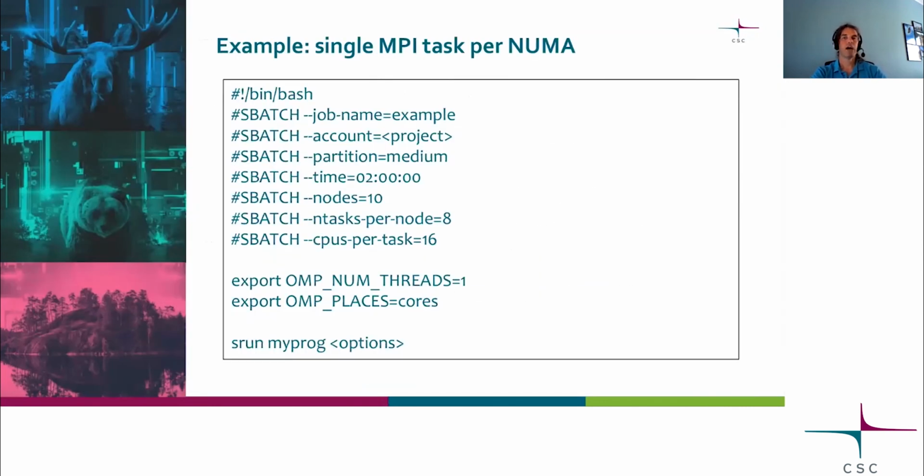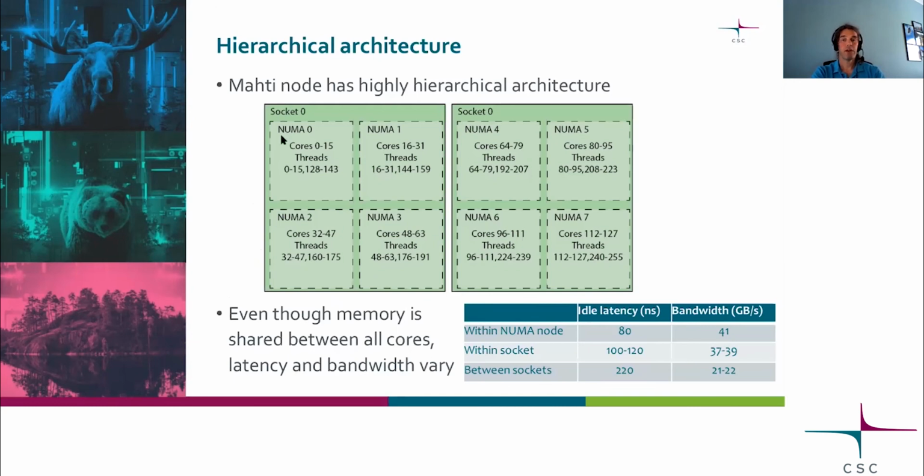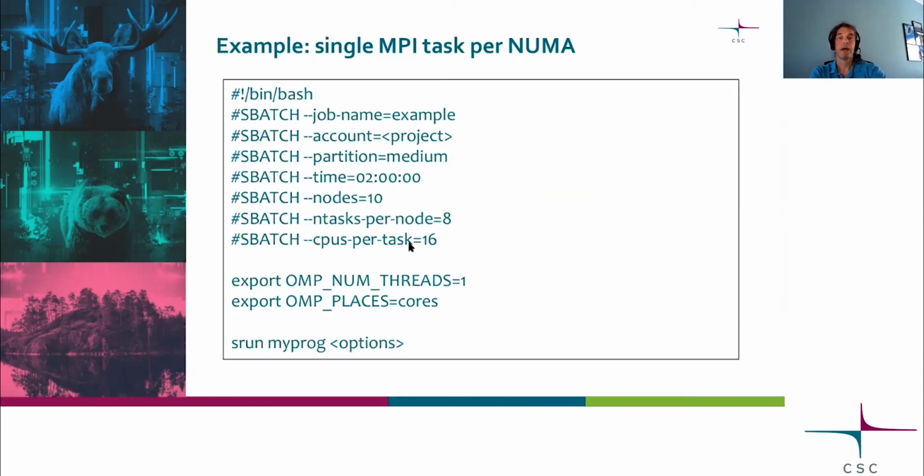Let's say you have an application where the performance is not limited by the CPU power, but by the memory bandwidth. It might be that you get better performance in some cases, not just because you can access more memory, by placing one MPI task per NUMA domain.